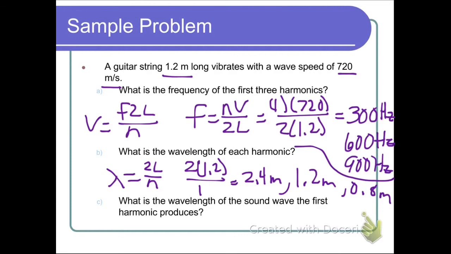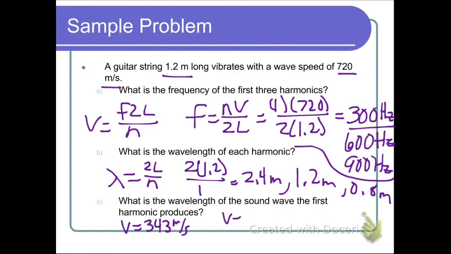All right, so part C, what is the wavelength of the sound wave the first harmonic produces? So this is getting out of the string vibration and into the frequency of the sound wave. So what is different about that? Well, the sound has 343 meters per second as its speed. So we want to know what the wavelength is if the frequency is 300.